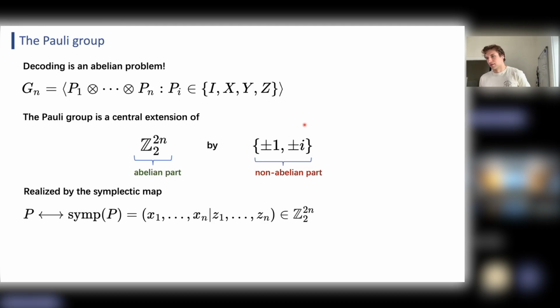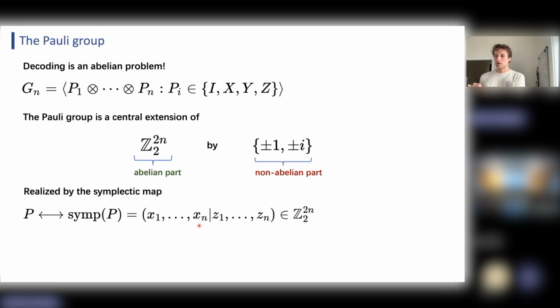The operational map which implements this projection onto the abelian part is called the symplectic representation of a Pauli. It takes a Pauli and rewrites it as a 2n-bit string, where the first n bits tell you the location of X operators in this Pauli string, and the second n bits tell you the location of Z operators.